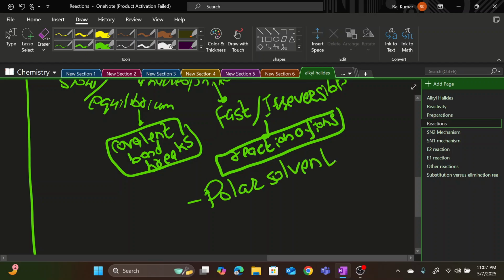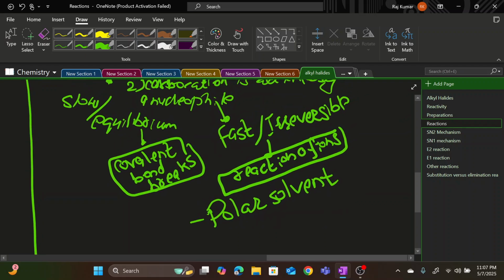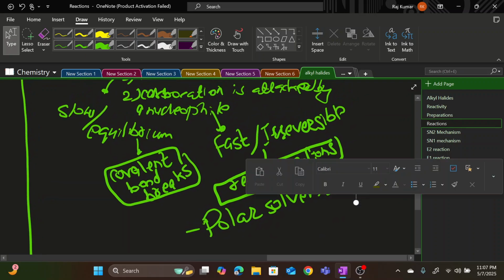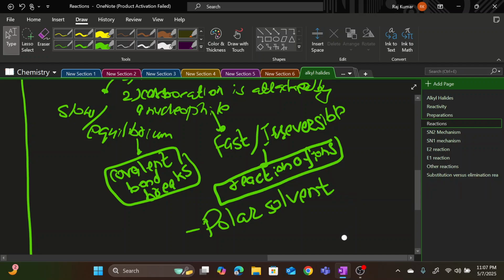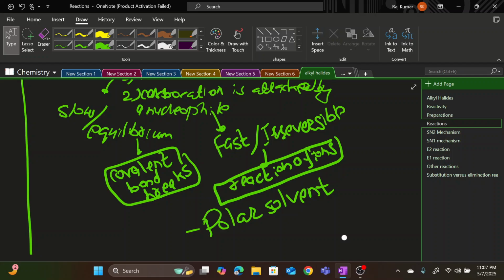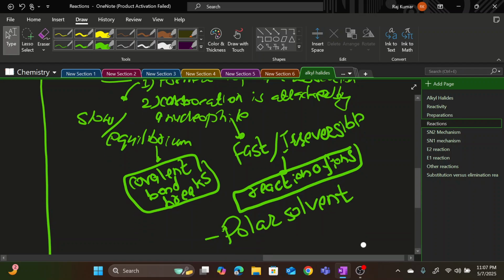It is done in a polar solvent because in a polar solvent, the carbocation which is formed becomes more stable, and the reaction is pretty fast.